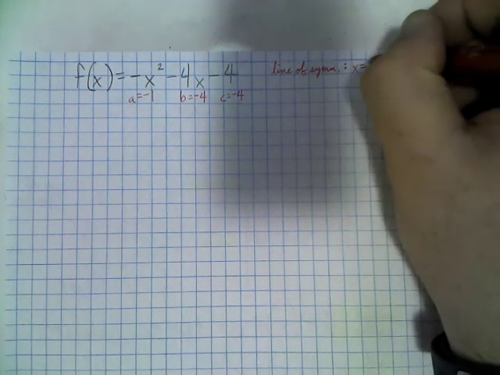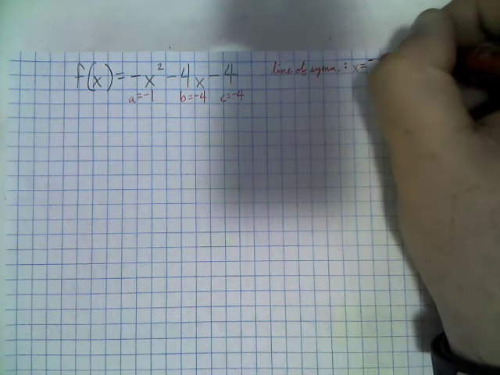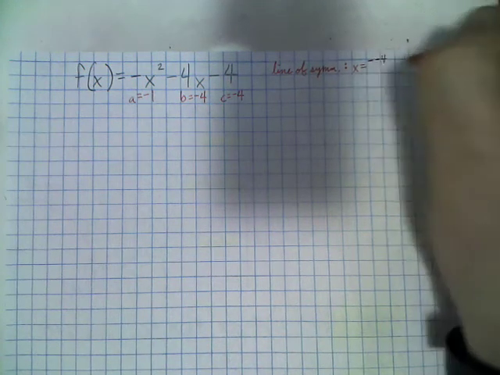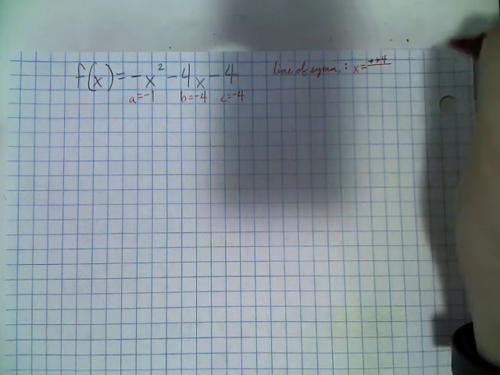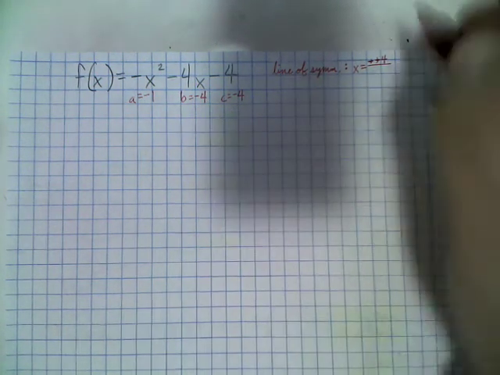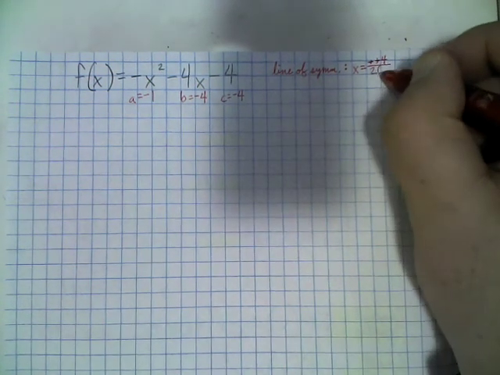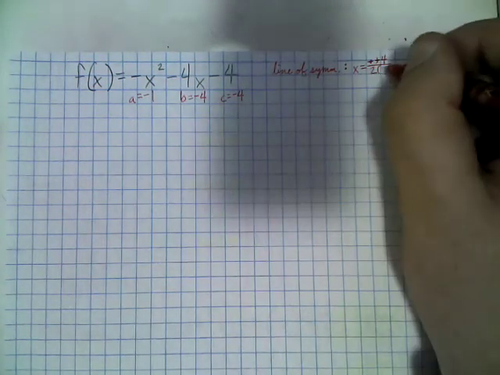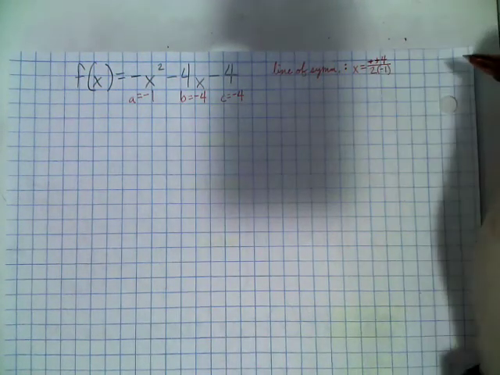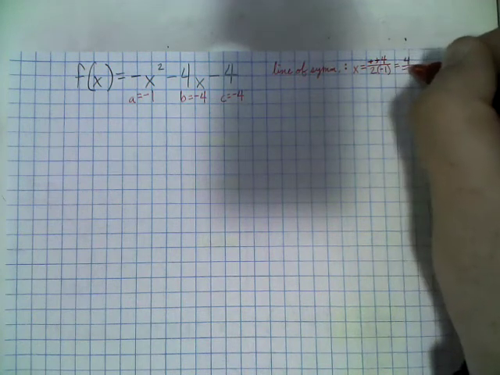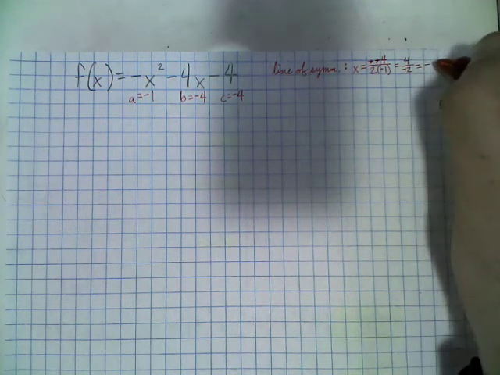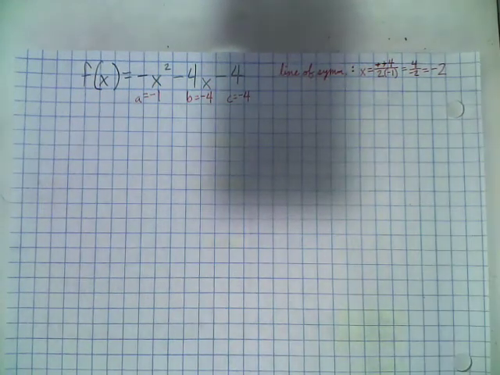So there'll be a negative negative 4. So in other words, those are going to cancel, over 2a. So 2 times, and my a is a negative 1. So that is 4 over negative 2 or negative 2. So this is going to be symmetric around the x value negative 2.